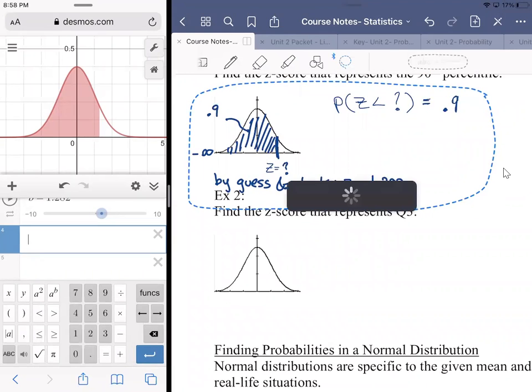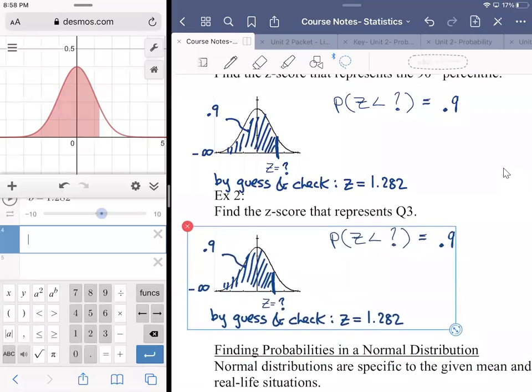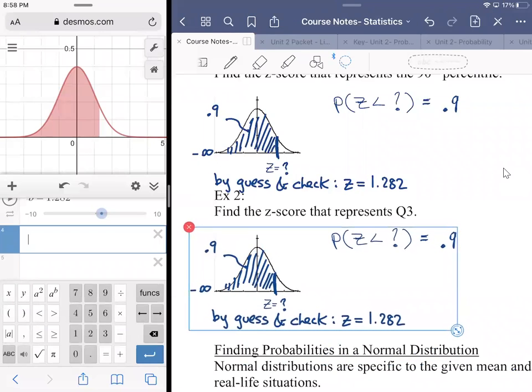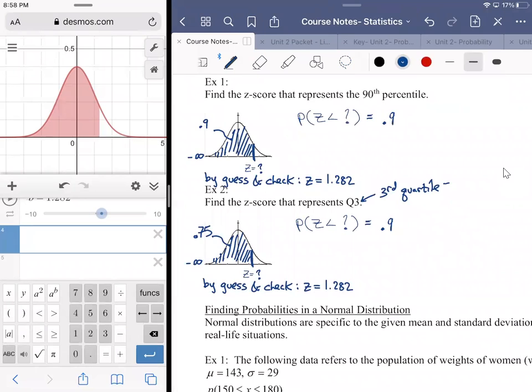So how does that translate to something like Q3? Not very differently. Q3 is the third quartile, which is the same as the 75th percentile.